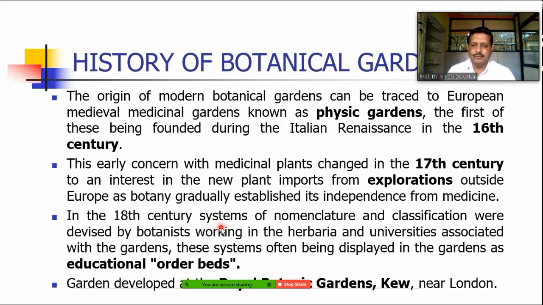Because of that, maintaining a garden for living plants was also a need of that time, so botanical gardens were maintained by universities and scientists. These are now known as the educational order beds, where we can find plants planted taxonomically, classification-wise, in botanical gardens.